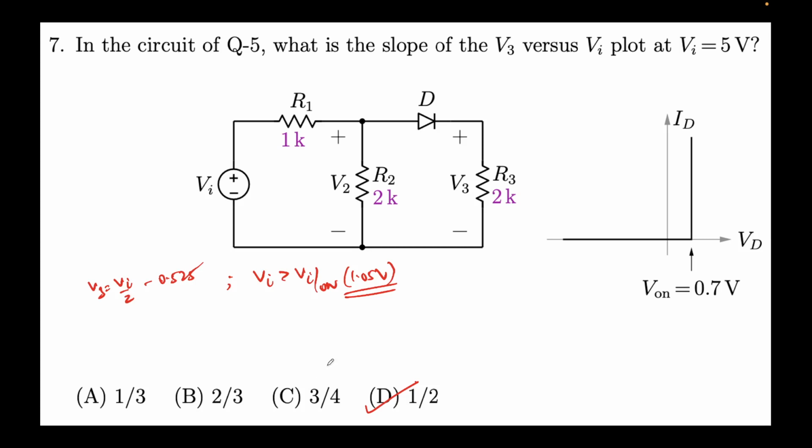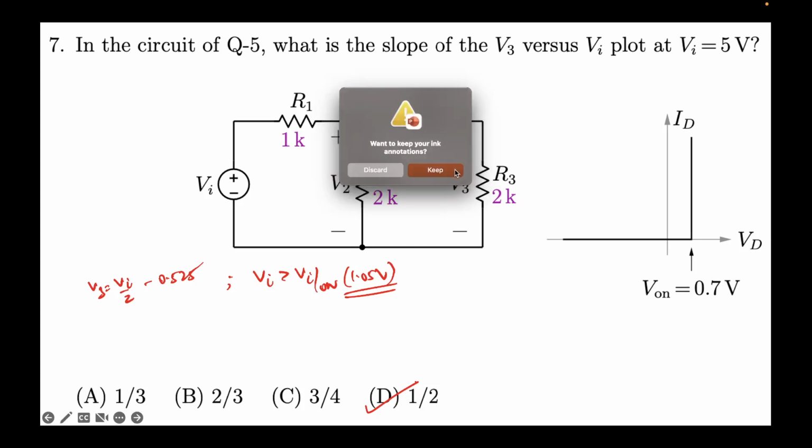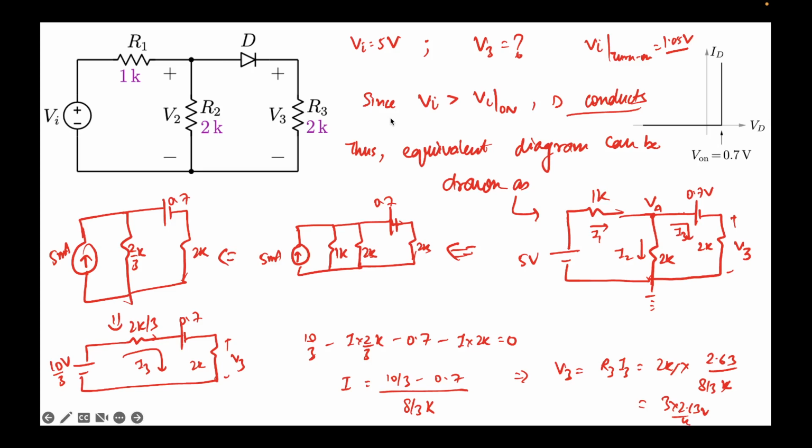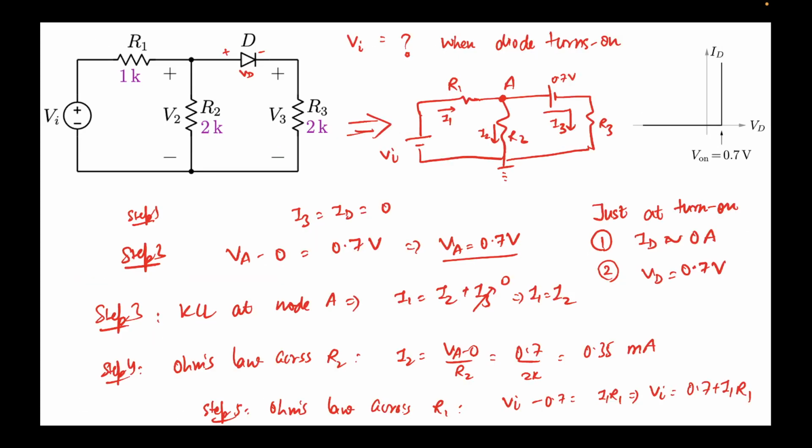Again, I'll just summarize the last 3 problems. In this, we were required to find when does the diode turn on, right? And we found that out by using this theory. Just at turn on, ID would be 0 and VD would be 0.7, and we obtained the turn on voltage for VD, and correspondingly what will be the input voltage that is required.